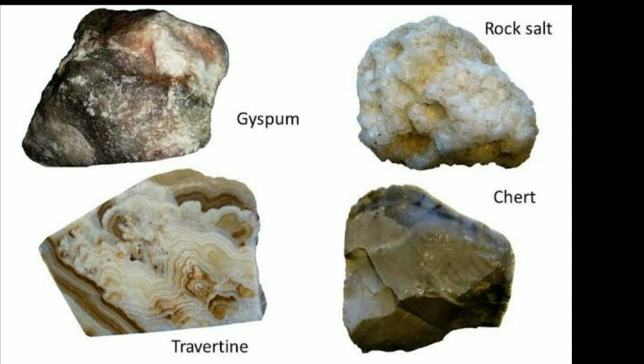These rocks are also known as stratified rocks. They are formed after the disintegration of igneous rocks, therefore they are called secondary rocks. So igneous rocks are known as primary rocks. Sedimentary rocks are known as secondary rocks.